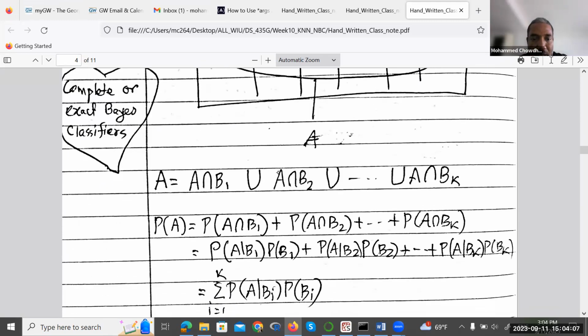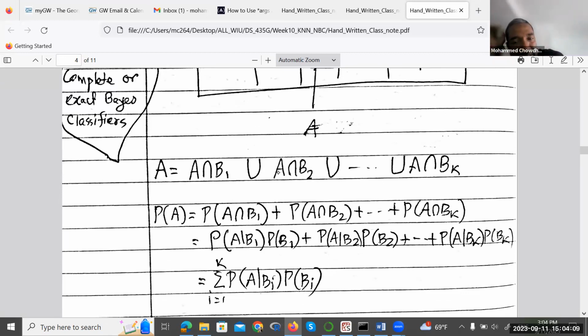Now probability of A could be written as probability of A intersection B1 plus probability of A intersection B2 plus probability of A intersection BK. Because this is a disjoint, mutually exclusive case, it could be written that way.